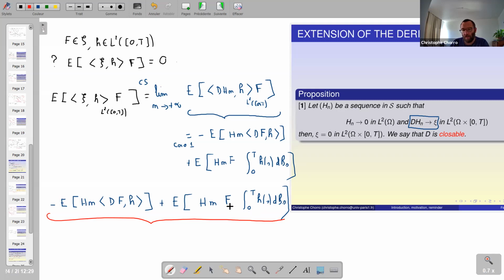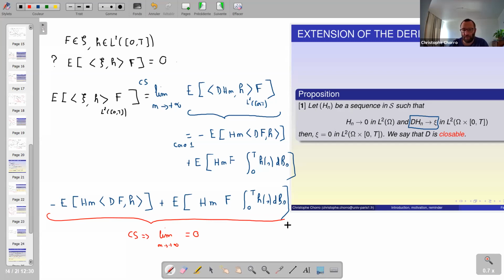It's a polynomial in Wiener integrals, or regular mapping Wiener integral, multiplied by a Wiener integral. So I have something in S here. And so by the Cauchy-Schwarz inequality, the limit of this term when n goes to plus infinity is equal to 0, because Hn goes to 0 as stated in the proposition.